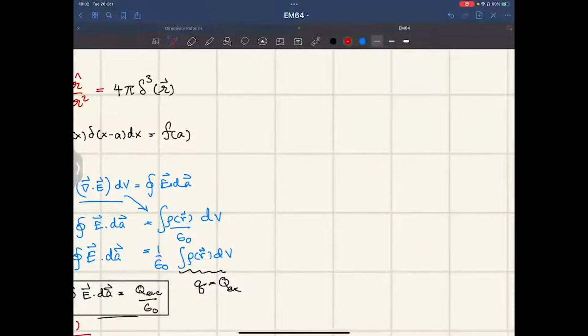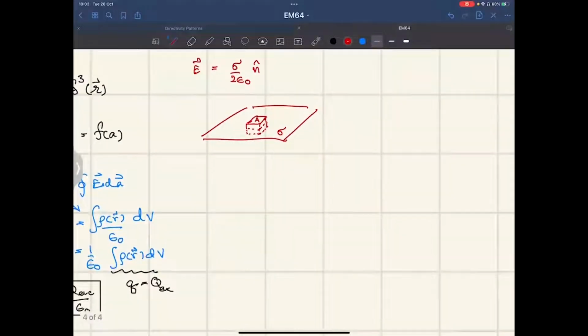And we know that the electric field from the surface charge is this one, because we have a surface charge like that with charge density sigma. We used a Gauss surface like this, the pillbox, with the area of A. This is what we use, and as a result, we have this as a solution.